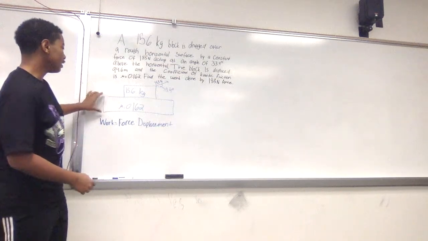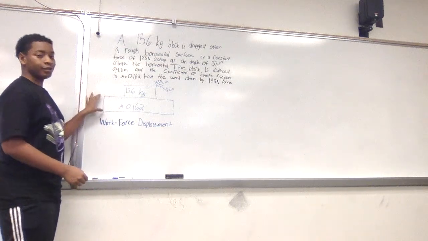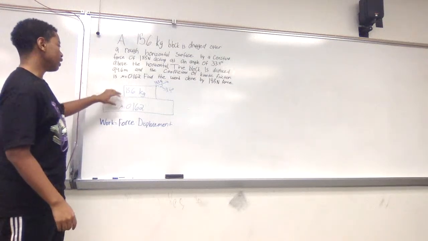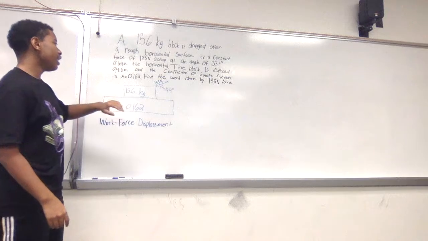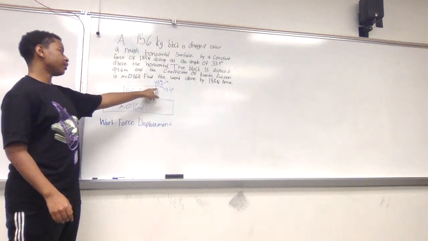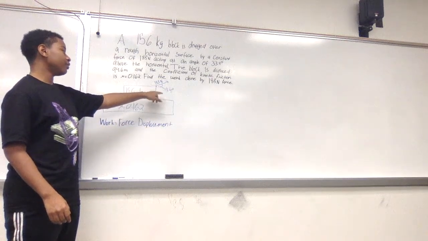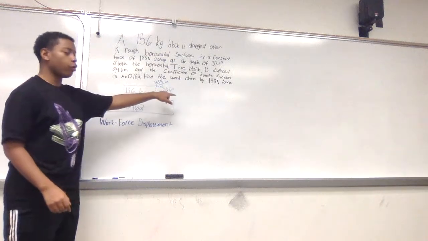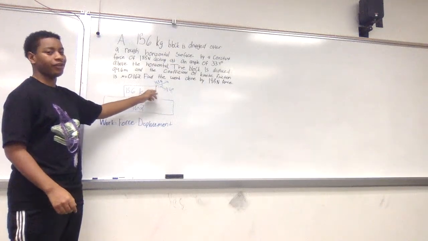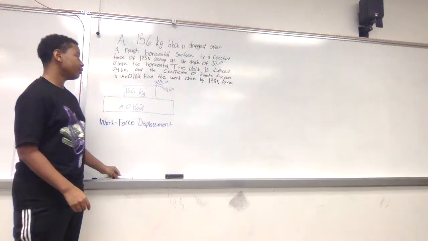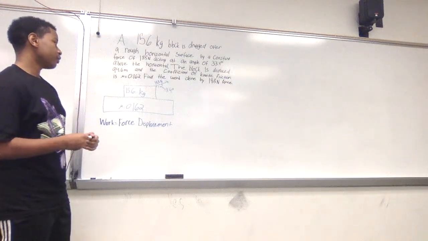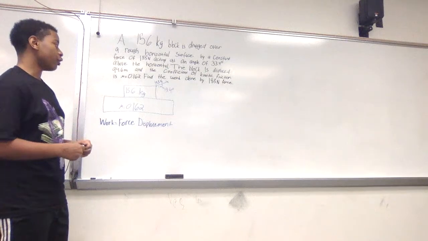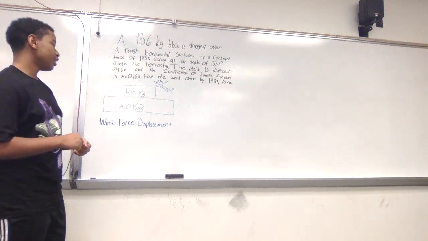So here's the diagram that the problem gives, and the block is 15.6 kilograms. The force is not acting straight horizontal, so you can't just use the 185 newton force. It's being applied at an angle of 33.4 degrees.